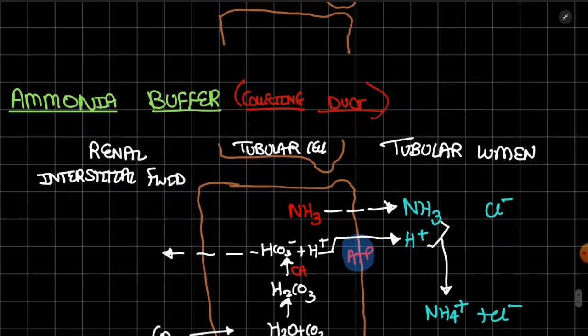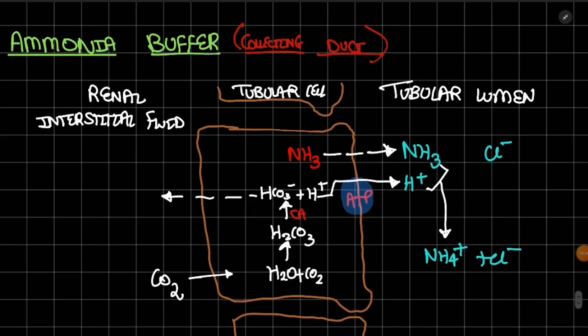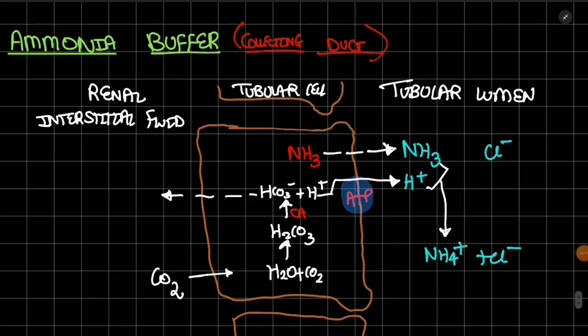Now the ammonia buffer in the collecting duct. There H2O plus CO2 gives H2CO3, which gives HCO3 minus plus H plus. The buffer is NH3 and Cl minus. Active transport of H plus occurs, and only H plus is thrown out.